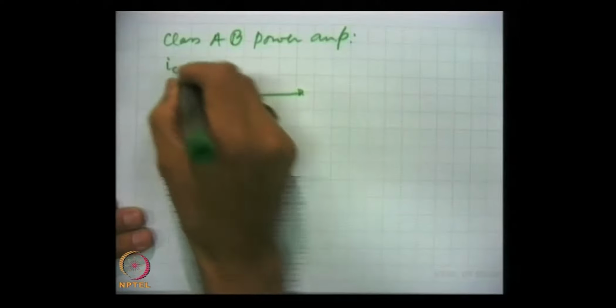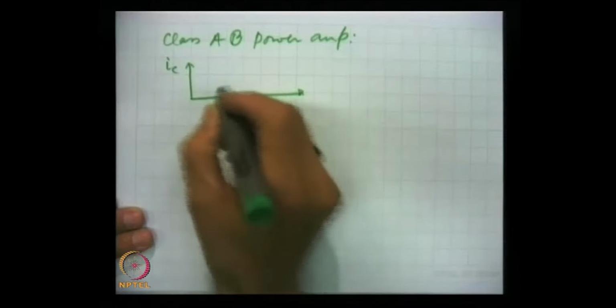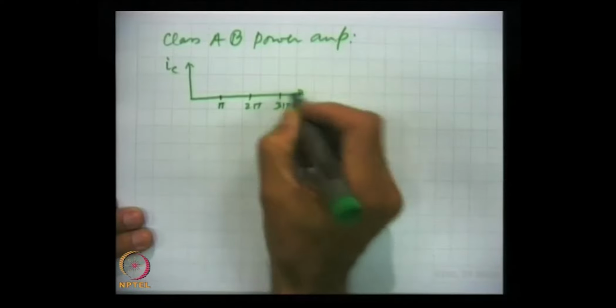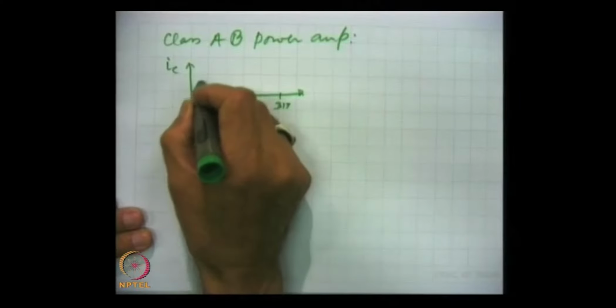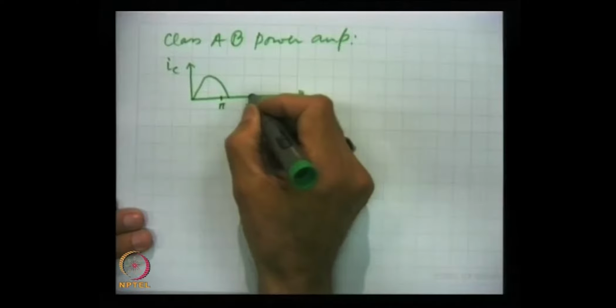This is IC and this is pi, 2 pi, 3 pi and so on. So, here it is more than pi, similarly here.